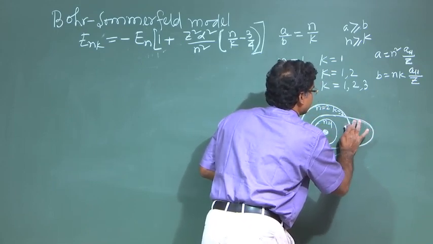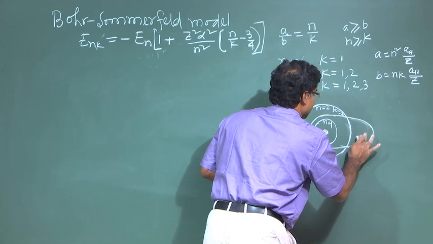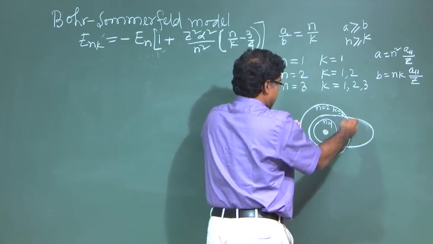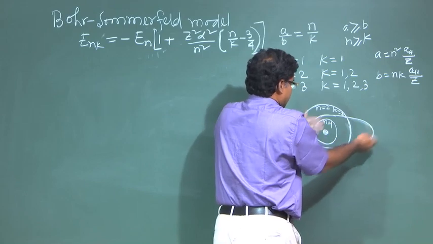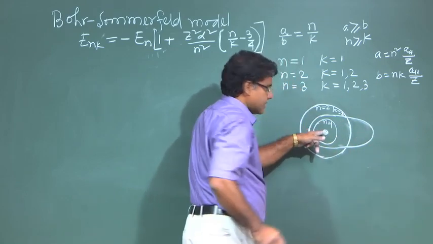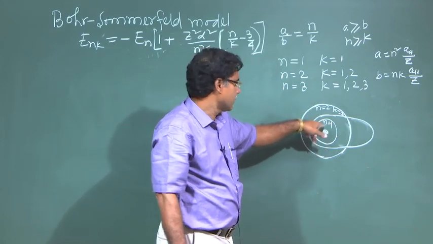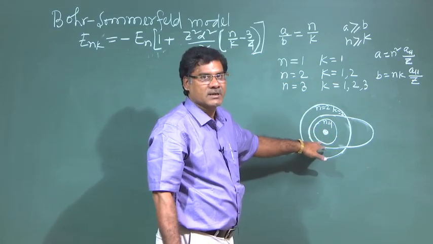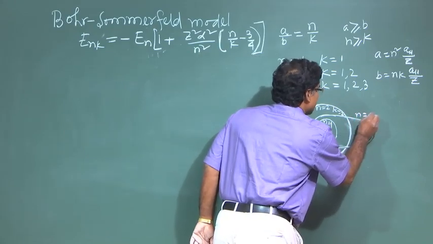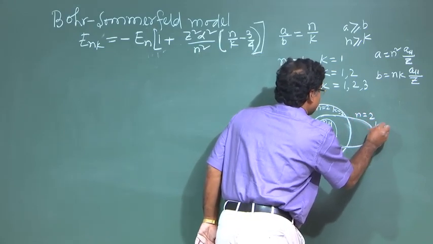So, this kind of elliptical orbit one will get. Keeping a the same, b decreased, and keeping the nucleus at one of the foci. This will be for n equal to 2 and k equal to 1.